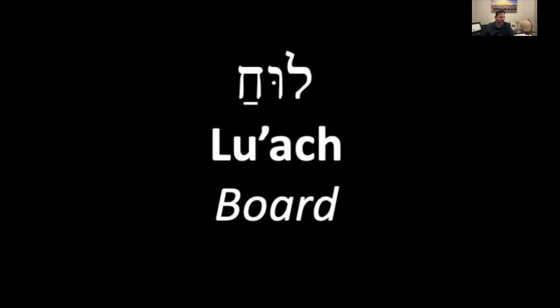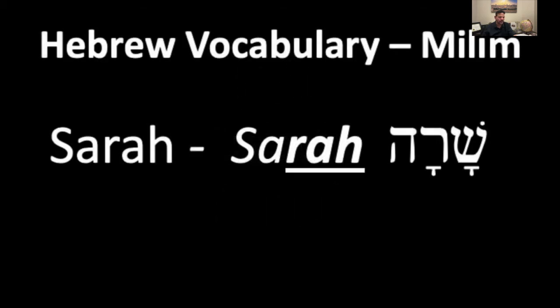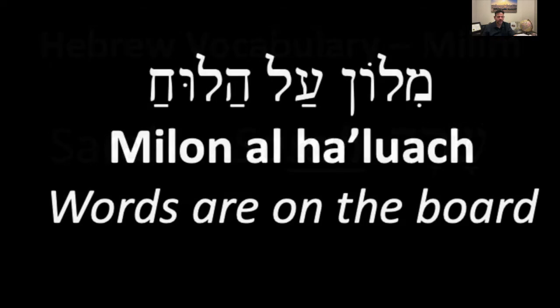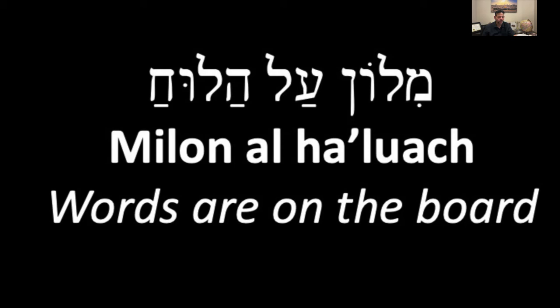So then we have luach. We could add that and add the word for words. Now, you know we've been looking at the milim, like you could look at the name Sarah, but milim is words from a vocabulary list, and milon would actually be the word for words. Not the same as devar and devarim, because those are words, talks, discourses, or things.